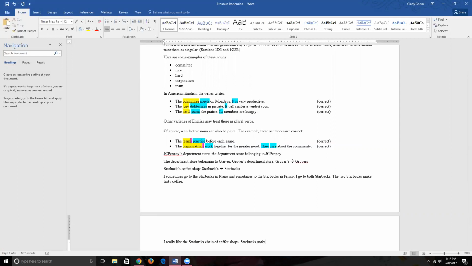Starbucks makes a good cup of coffee. You can see here I'm referring not just to a particular outlet of Starbucks, but the overall organization. So this has a singular grammatical meaning because it really in theory should be apostrophe S. And so therefore I'm going to say makes. He makes, it makes, not they make.